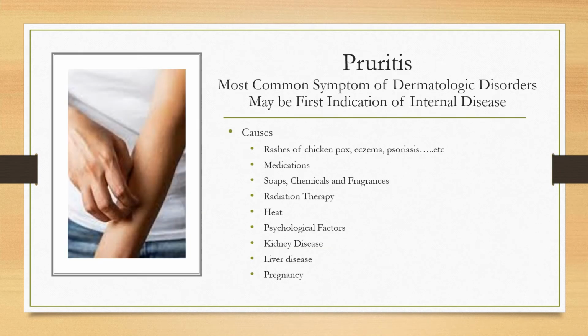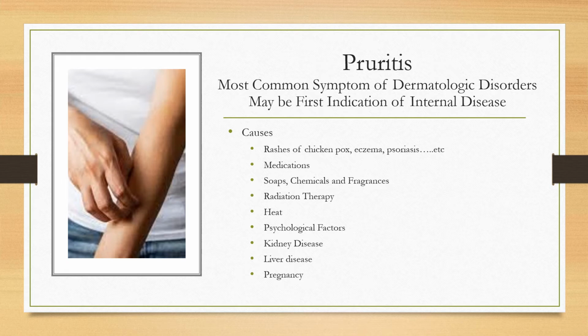Okay, so pruritus. Most of us have experienced itchy skin, and that's exactly what pruritus is, just itchy skin. It's not telling you the cause at all. And it can be anything external that's in contact with the skin, or conditions that are internal to the body.